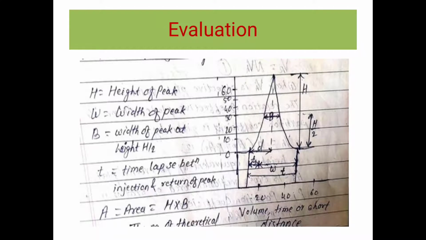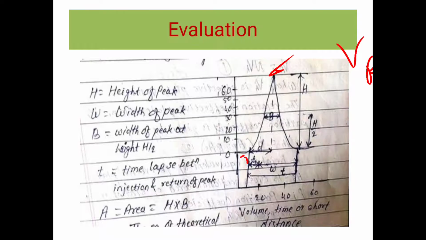D is the distance from the injection point to the maximum point, measured in units of length of the column, time or volume, generally called the retention volume VR.